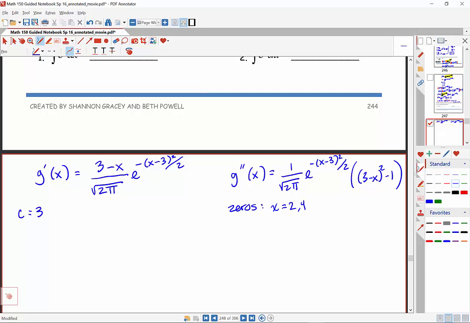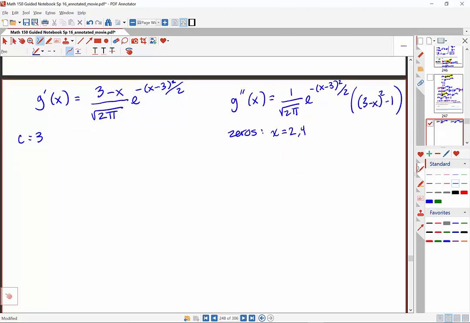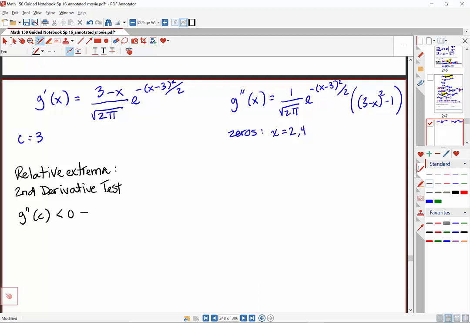All right, so now this is what we're going to do. For relative extrema, I'm just going to use the second derivative test, which said that if g double prime at c is less than 0, that implies a relative, what?